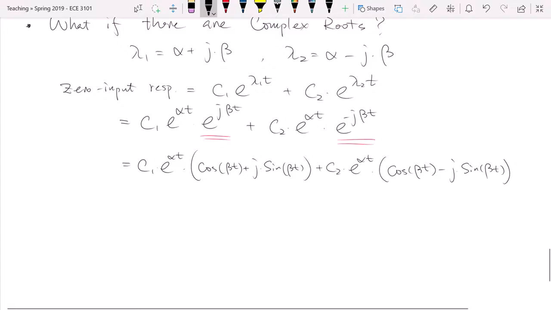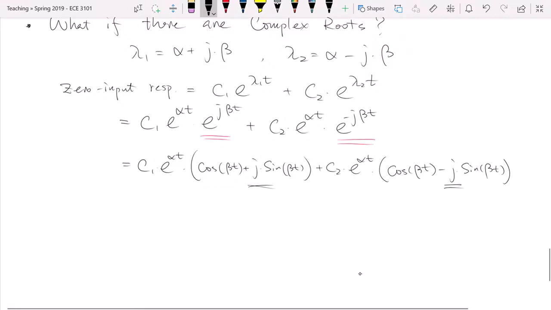Now, remember I'm talking about the response. The response is the physical signal of a system, no matter if it's electrical, mechanical, or thermal, or anything else. It's a signal that physically has to be something that only takes real values, it cannot have any complex or imaginary part. But if that's the case, seeing the j's here, they have to be able to cancel each other, right?